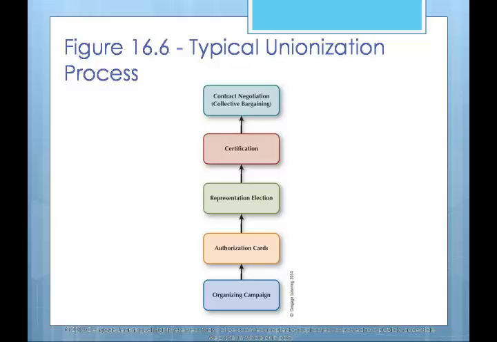Now, supervisors are ineligible, although there are some blurred lines about what the NLRB, or the NLRA, believes is a supervisor. So you've got to be cautious there. And then some unfair labor practices can also be done during this whole campaign.